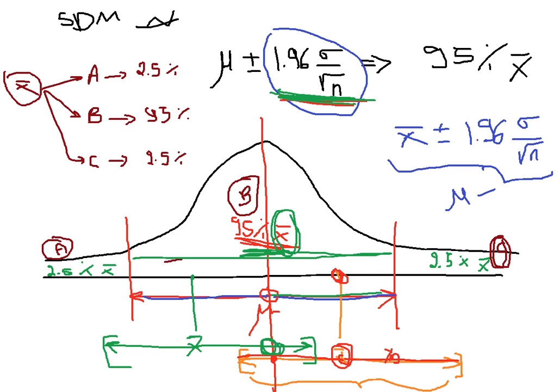What if my X bar is not inside it? What if my X bar happens to be here, for example? So let's say this is my X bar. And again, I'm going to try this upper limit and lower limit. So I go up 1.96, and I go down. Now I build a fence. My question is, mu, which is right here, remember, this is mu. Is it inside? No, it's not.